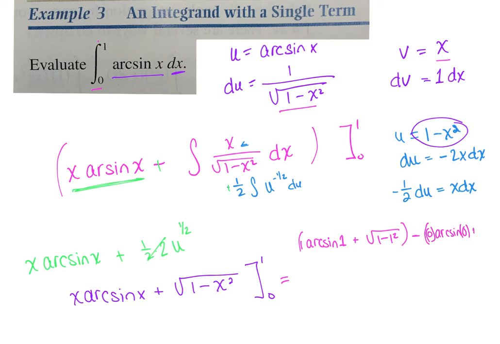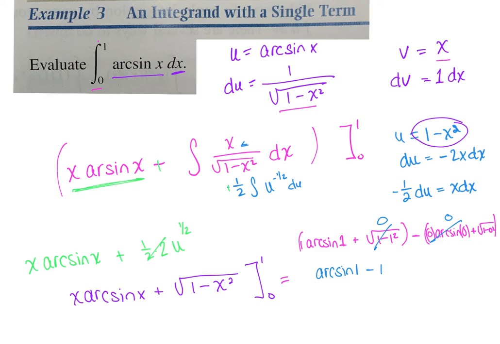All right, plus the square root of 1 minus 0 squared. So when it's all said and done, this guy zeroes out and this guy zeroes out, right? And I get the arc sine of 1 minus 1. And you can actually plug that in and get an answer.